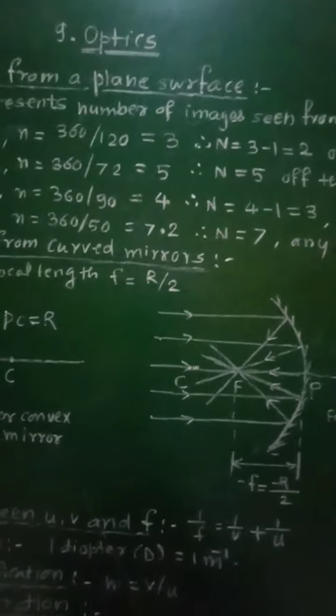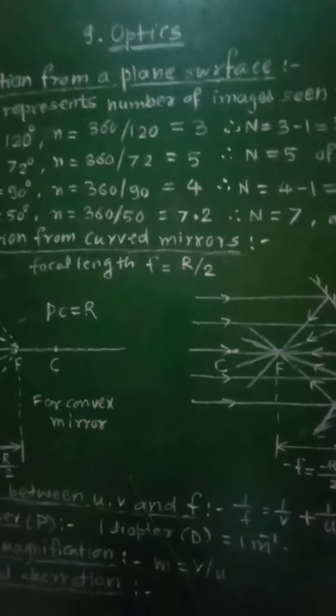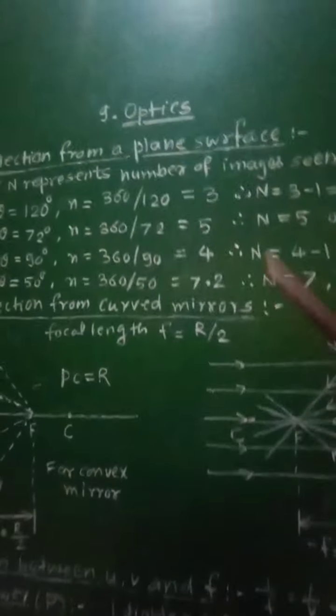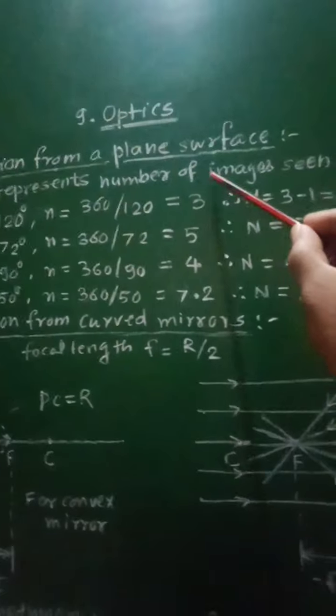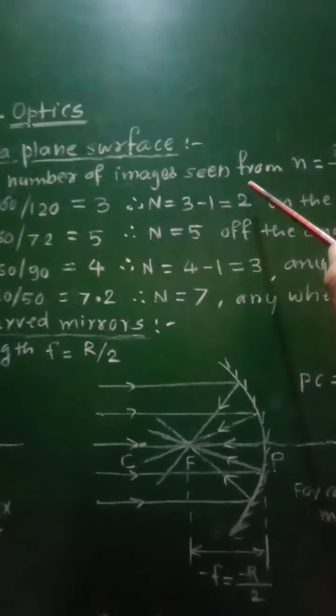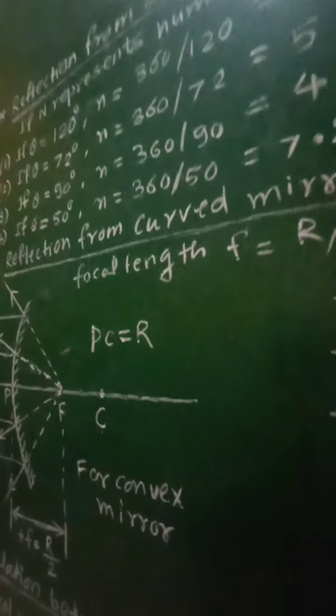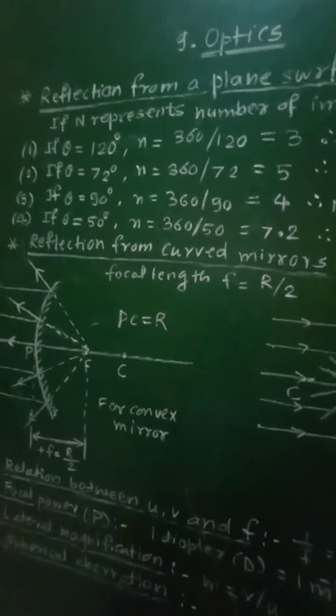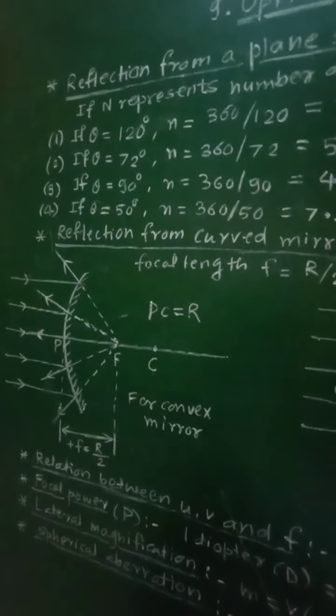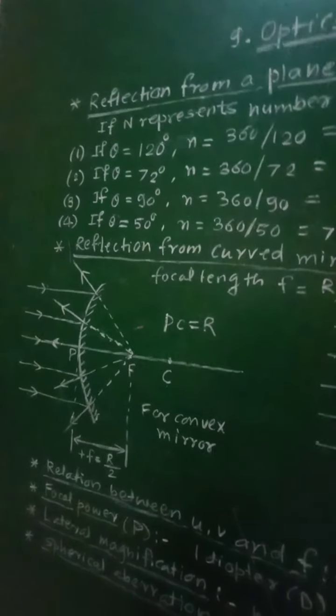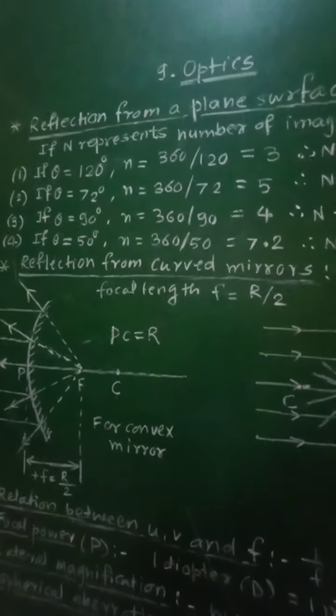Now let capital N represent the number of images seen due to the reflection by the two mirrors.